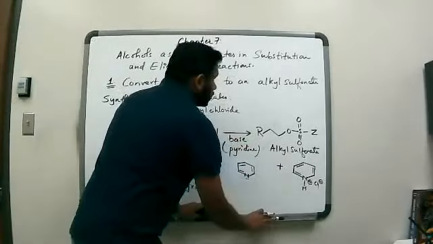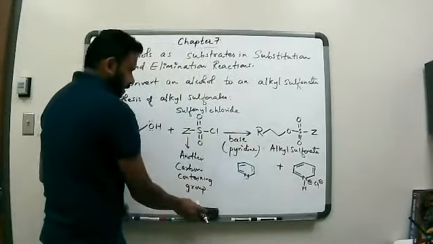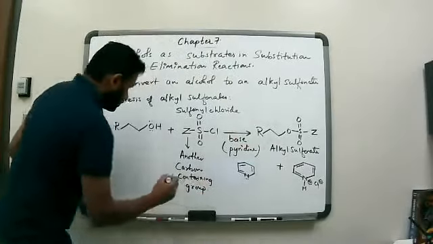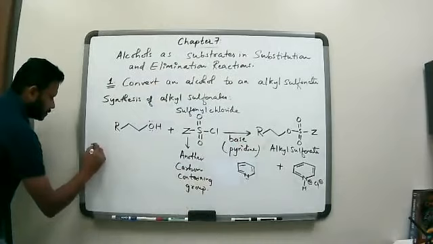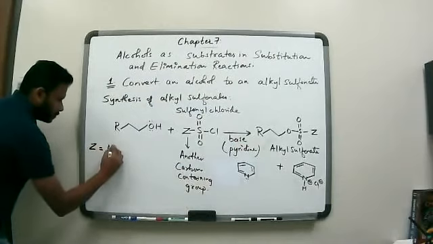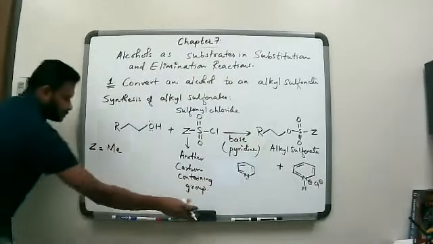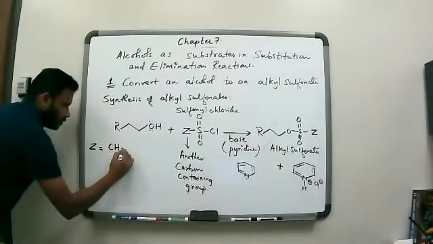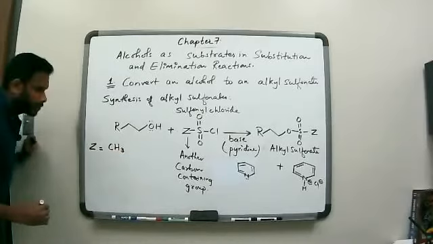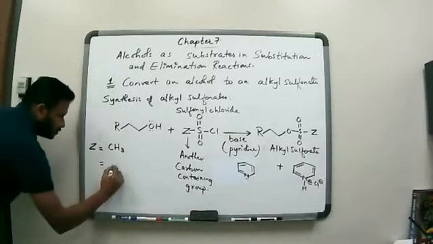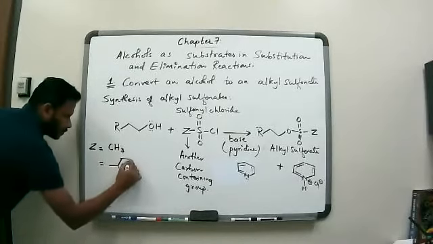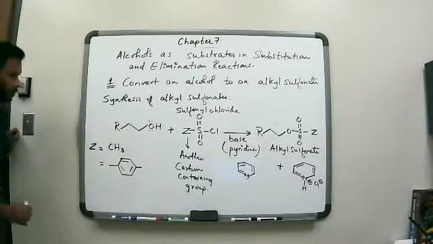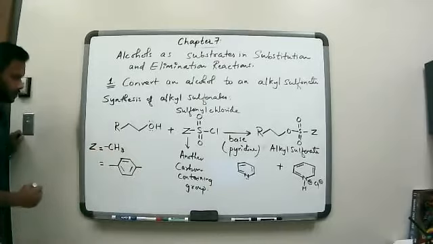In terms of Z, let me write down options for Z here. Some of the examples: it could be a methyl group. It could be this group, so methyl.